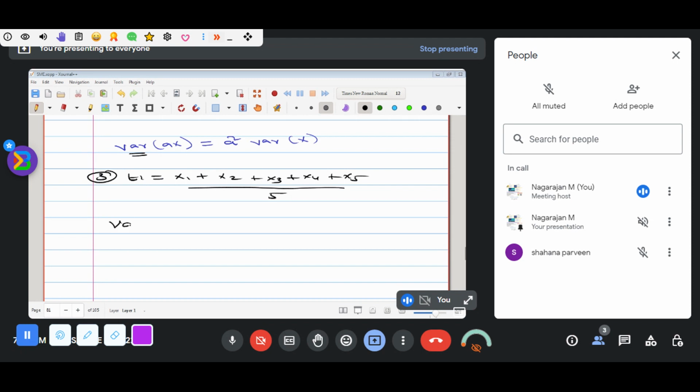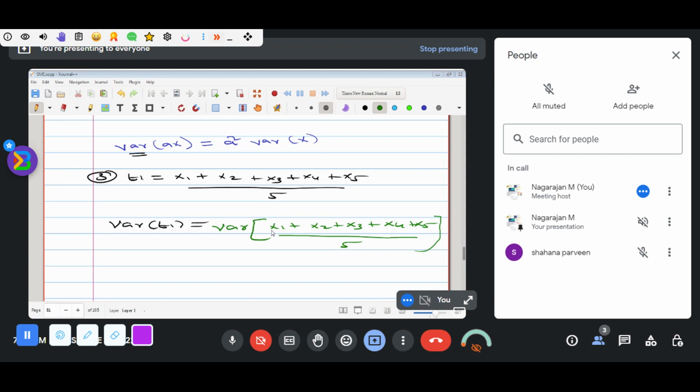Variance of T1 equals the variance of (X1 plus X2 plus X3 plus X4 plus X5) divided by 5.